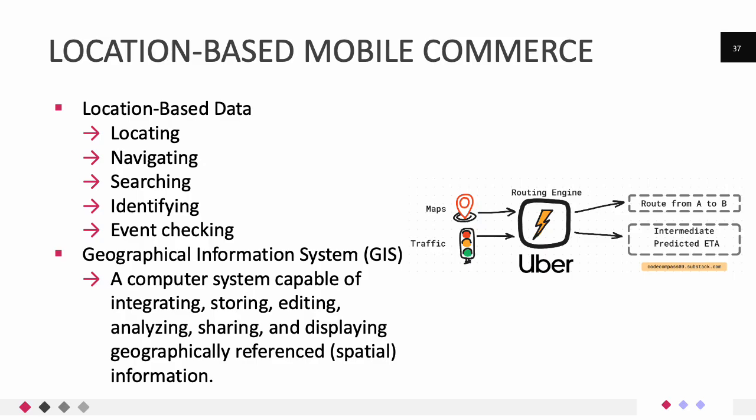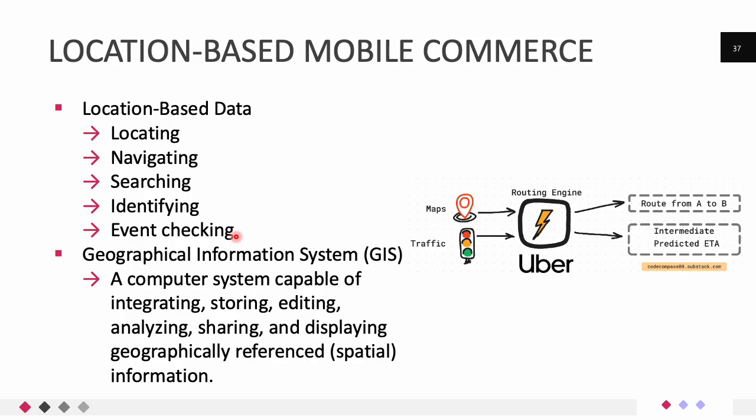It can do five key things: locating, where am I, like when Google Maps shows you a little blue dot; navigating, how do I get to the night market, getting turn-by-turn directions; searching, find a coffee shop near me right now; and identifying, what is the cool mountain I can see, and the app will tell you maybe it's Yangmingshan.